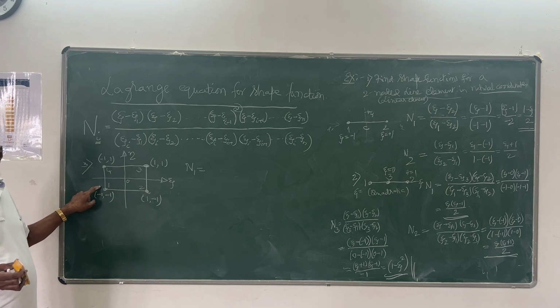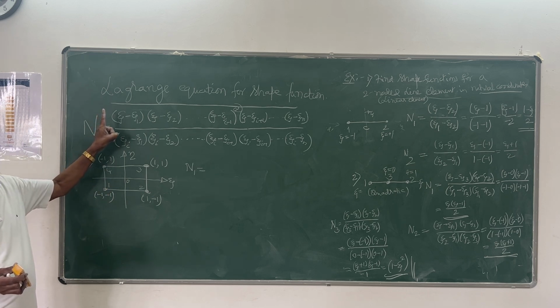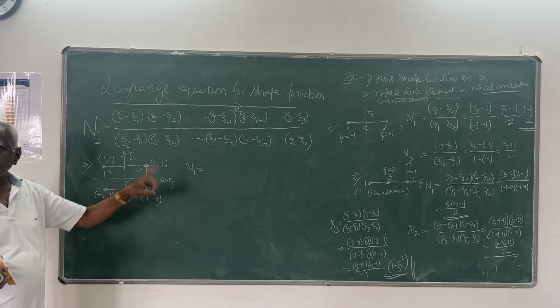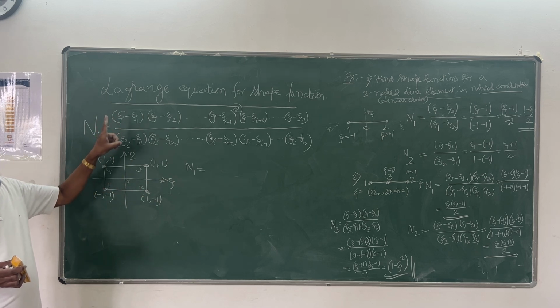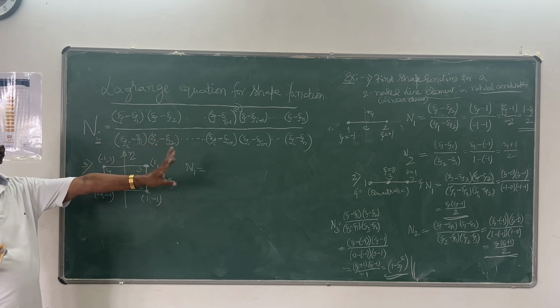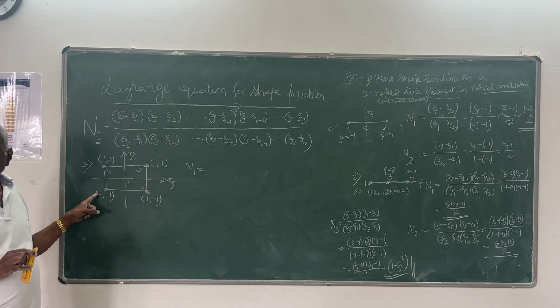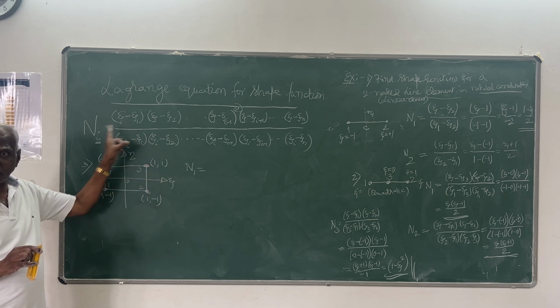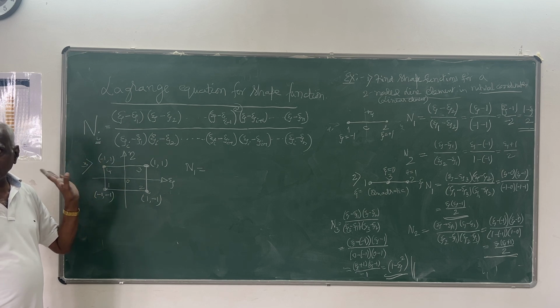This is left node of this side direction. This node 1, it is common for 1, 2, 1, 4 sides. 1, 2 side is in psi direction, 1, 4 is eta direction. You have to take tensor product corresponding to that. You have to remember those things I told you. So for 1, 2, this is the left node. That's why numbering should be in the anti-clockwise. Always this is first, this is second. That you have to be careful.